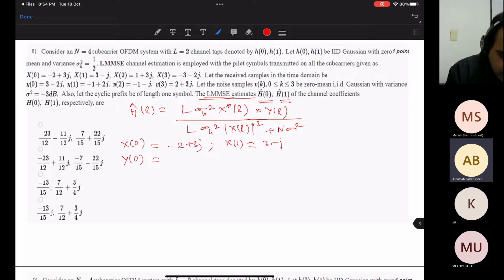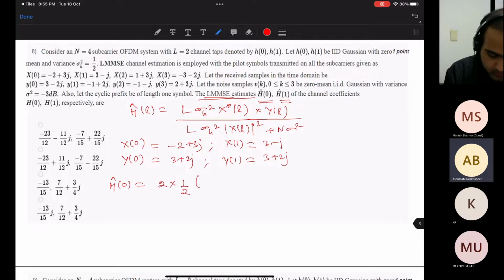Y0 we computed in the previous question, which was 3 plus 2j, and Y of 1 is also 3 plus 2j, right? So let's just do it. So h hat of 0. What is L? L is 2. So 2 times sigma h square, which is half, times x conjugate L. So this is minus 2 minus 3j. What is conjugate?